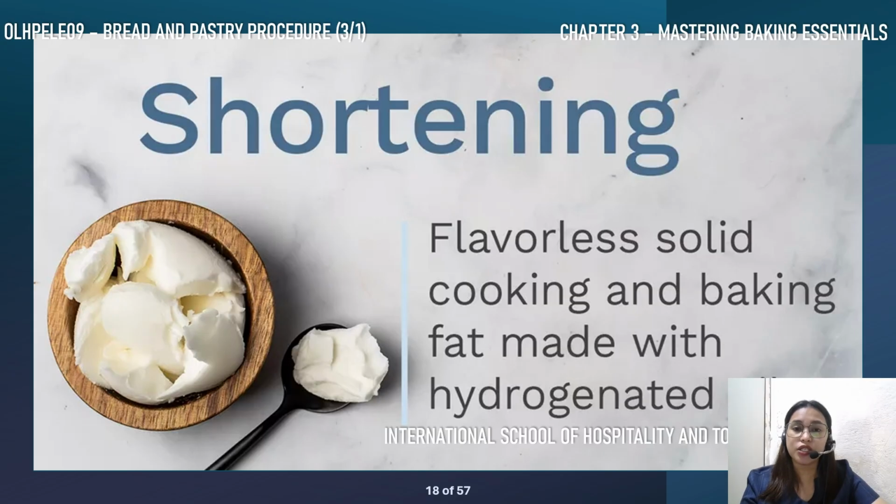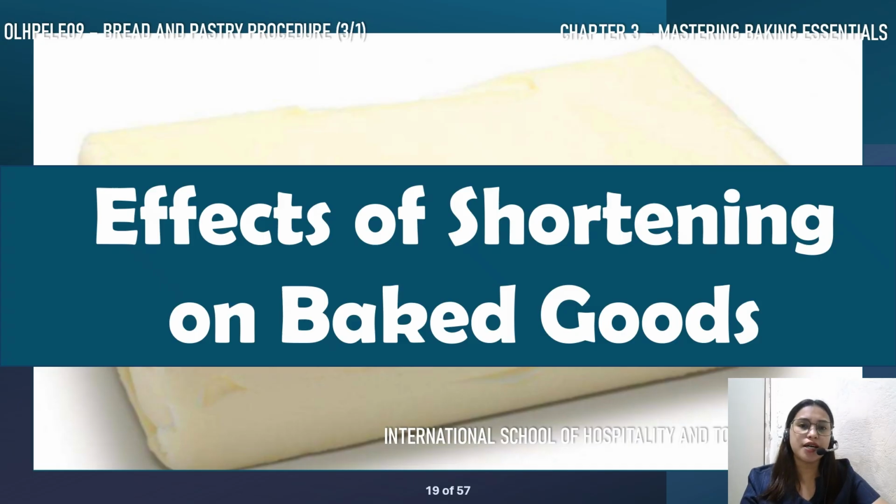So when we say shortening, it is a flavorless, solid cooking and baking fat made with hydrogenated oil. Shortening has several important effects in baking that influence both the quality and shelf life of baked products. It makes a good tenderizer by softening the gluten strands and contributes to flakiness in pastries such as pies and other baked products.